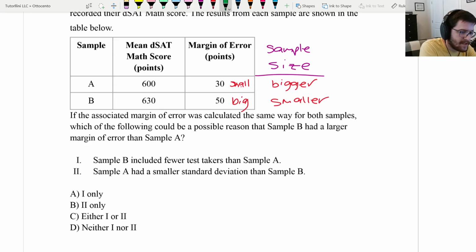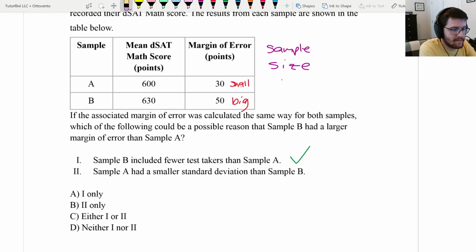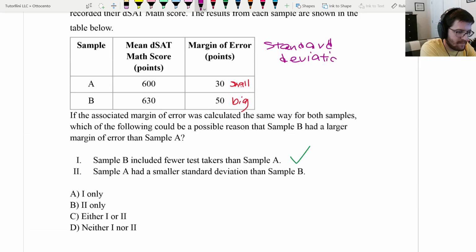So that seems to make sense. Now, I'm going to erase all that. Let's independently do the same thing, but for standard deviation, totally separate of each other so that one isn't causing the other.